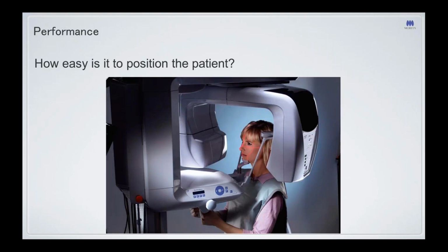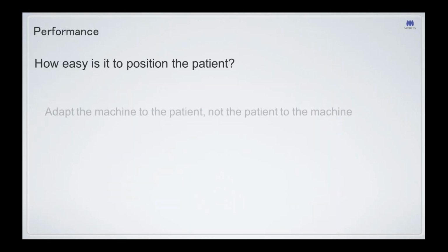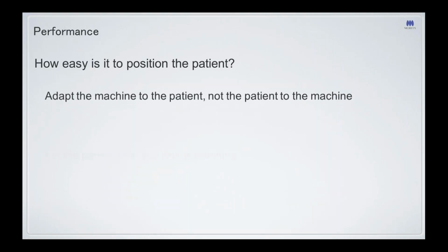A machine that you can, say, for example, swap out the bite stick with a chin rest. There are lots of machines out there that allow you to do this, but always keep in mind you want to adapt the machine to the patient, not the patient to the machine, right? Make sure that you are able to manipulate the machine in order to make the patient comfortable and to make the patient stable.